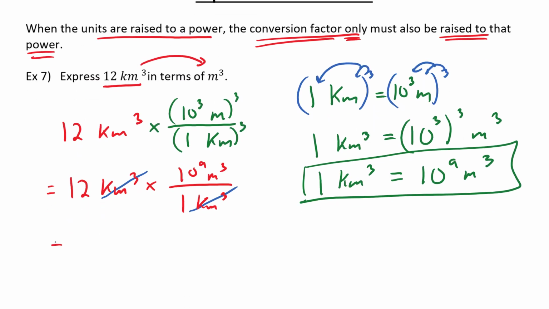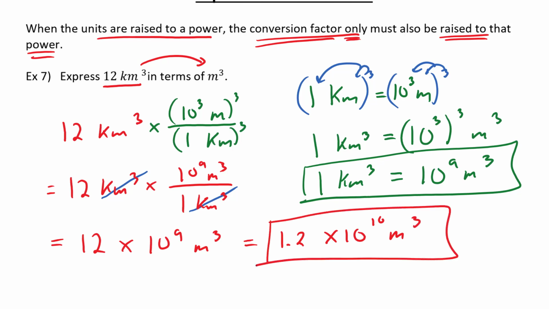This will leave me with 12 times 10 to the 9 meters cubed. Not in proper scientific notation, 1.2 times 10 to the 10 meters cubed. Final answer. So when dealing with exponential units, you must also apply that power to your conversion factor.